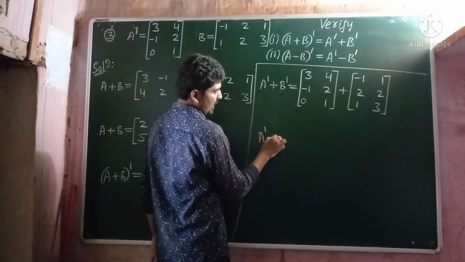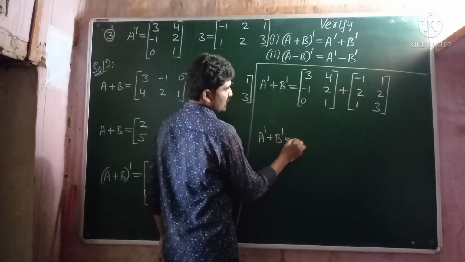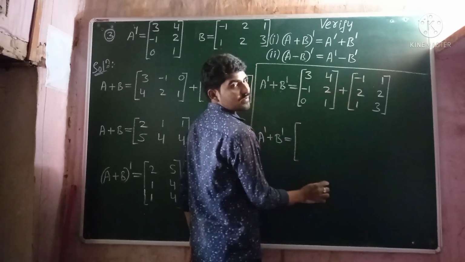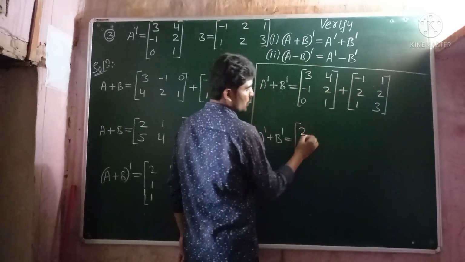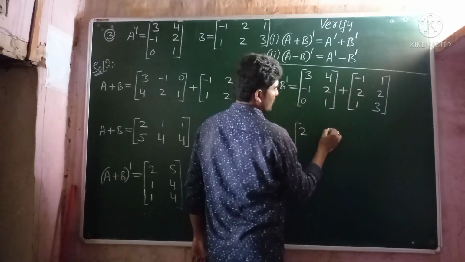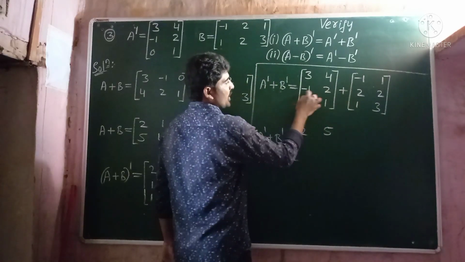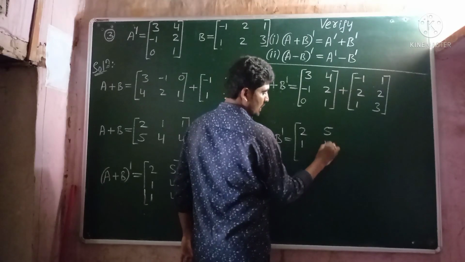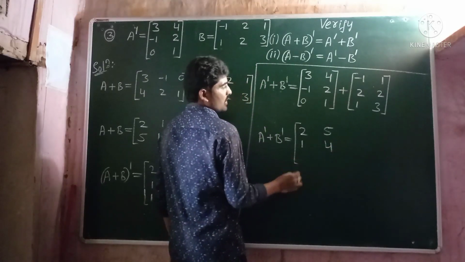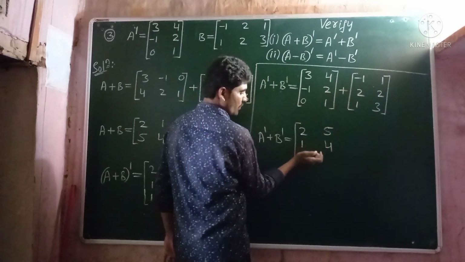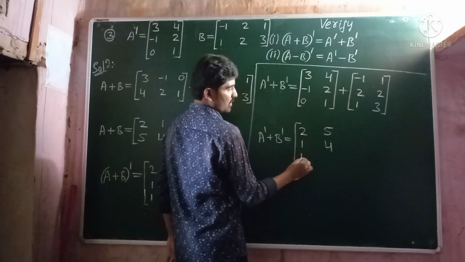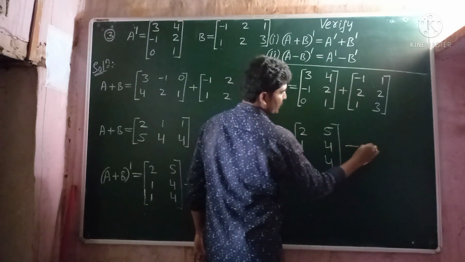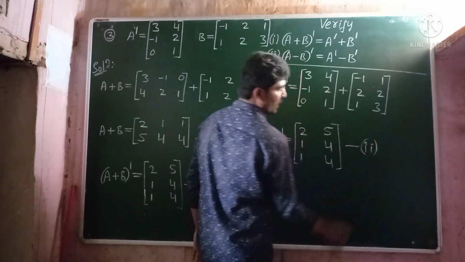Therefore, A dash plus B dash is equals to 3 plus into minus, so 3 minus 1 is 2, 4 plus 1, 5, minus 1 plus 2 is 1, 2 plus 2 is 4, and 0 plus 1 is 1, 1 plus 3 is 4, and call this as equation number 2.